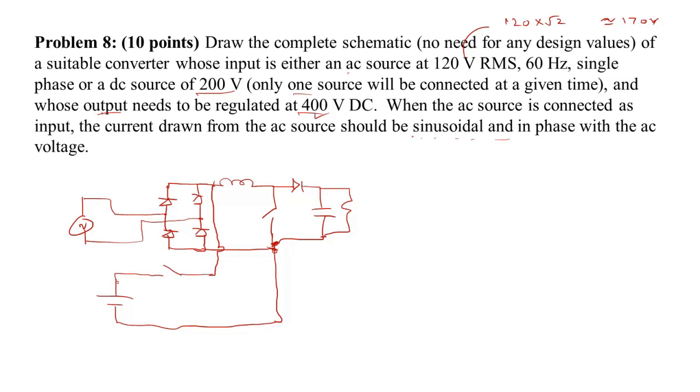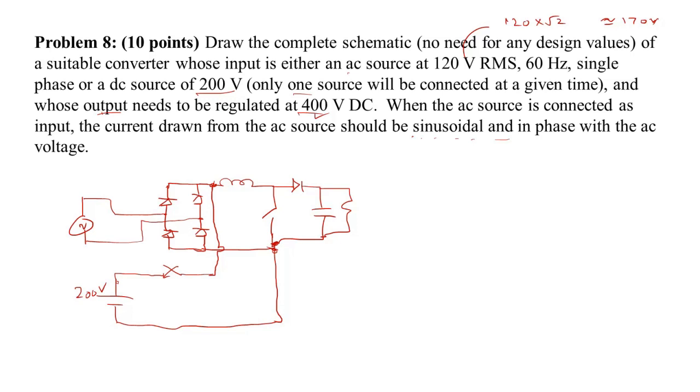So this way, if you want the AC to be delivering the output power, then this switch is opened. Then this just operates as a normal PFC. And if the input source happens to be the DC, then you will switch this on, and then again the boost converter will boost this 200 volts to 400 volts.